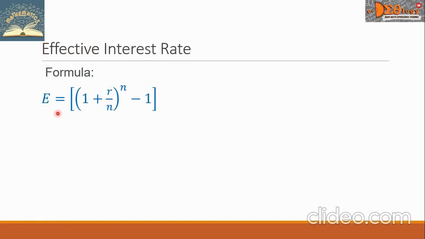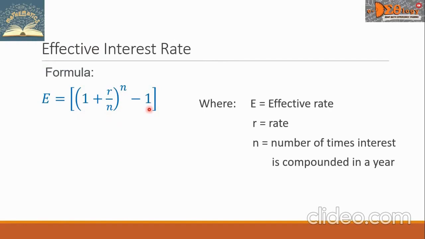Capital E equals the binomial 1 plus the fraction r over n, and this binomial is raised to a power n, and this whole expression is subtracted by 1, where this capital E is the effective rate, this r is the rate, and the n is the number of times interest is compounded in a year.